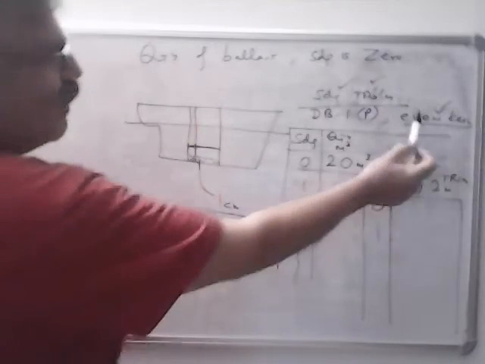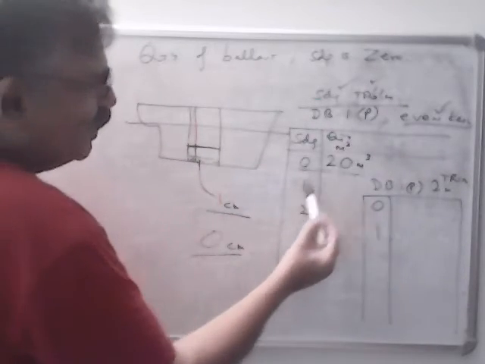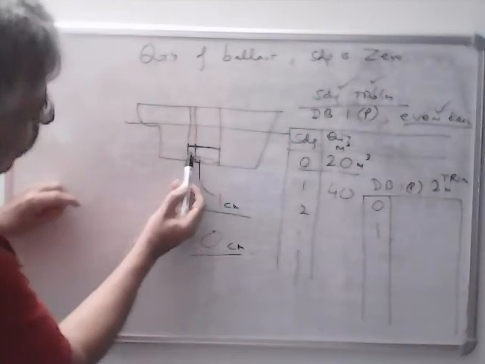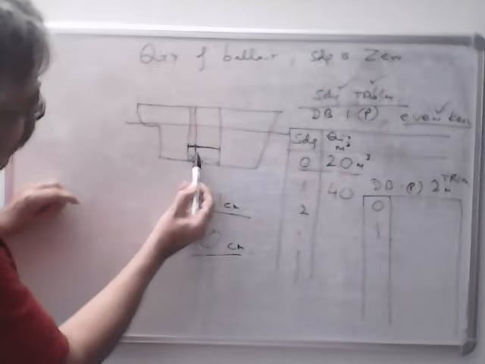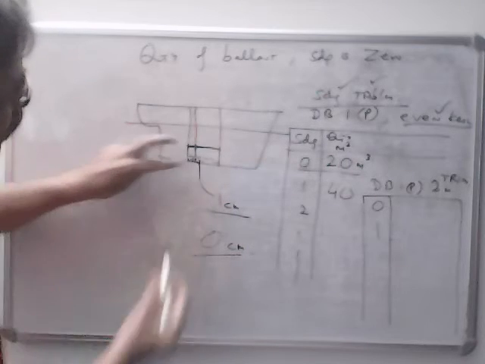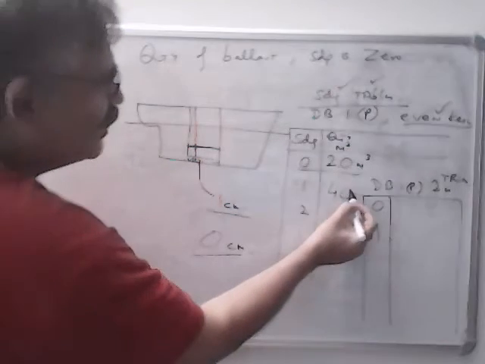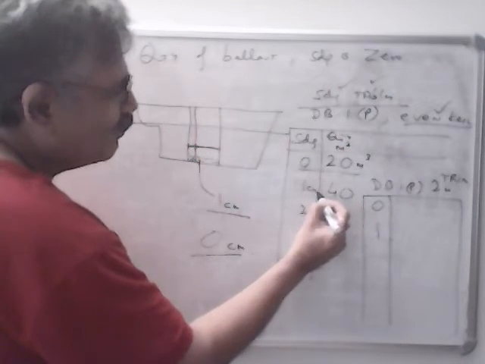In even keel, if zero sounding is 20, 1 centimeter sounding will give you roughly 40, because 1 centimeter sounding means water is still here. Another 1 centimeter plus 1 centimeter. So, it will be equivalent of 2 centimeters. So, you might get something like 40 with 1 centimeter sounding.